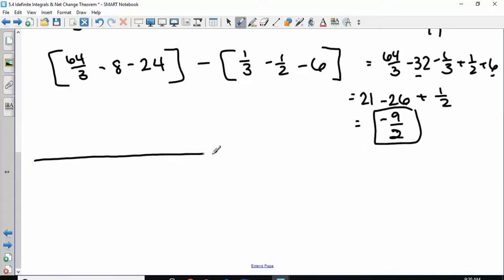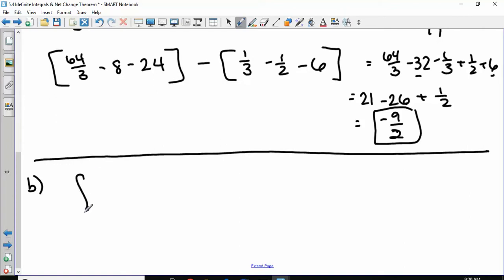Distance traveled. So the distance traveled, it's kind of similar. It's still an antiderivative, but distance can't be negative. So you would have to integrate the absolute value of our function. Now we have done the antiderivative of absolute value functions before.